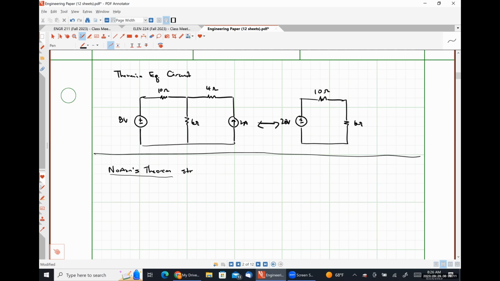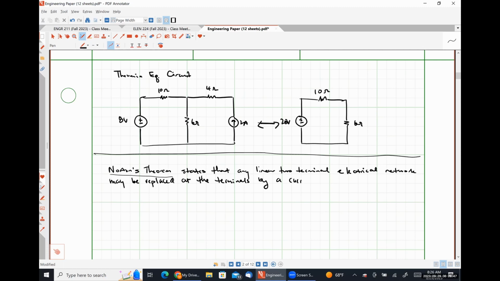And Norton's theorem states that any linear two-terminal electrical network may be replaced at the terminals by a current source, I Norton, in parallel with a resistance R Norton.